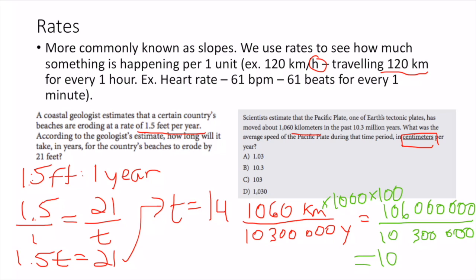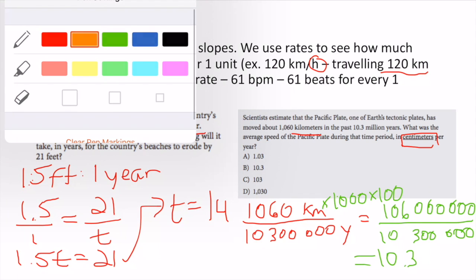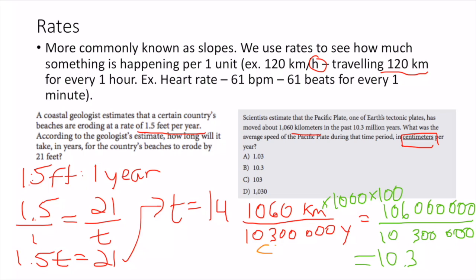And then I'm just left with 10.3. And if I look at my units, I have centimeters on the top, years on the bottom, so I could say that this is centimeters per year. So my answer in this case is B.